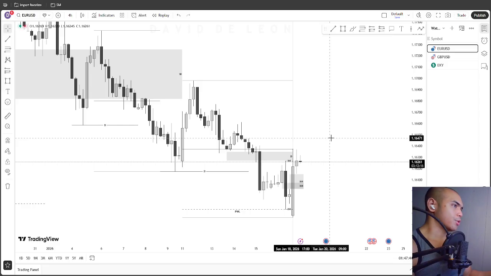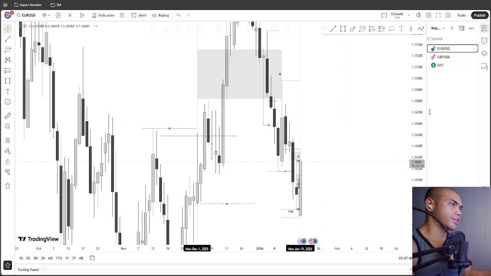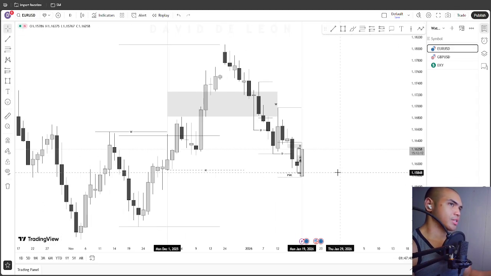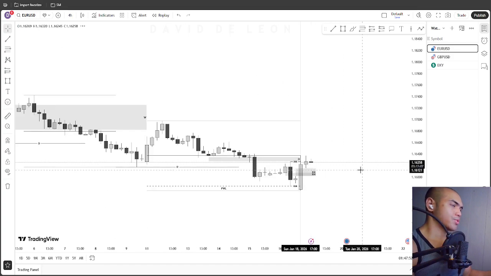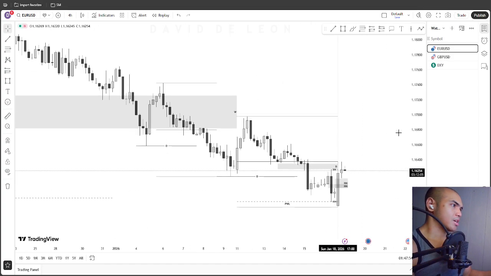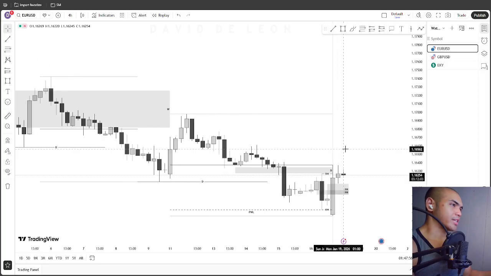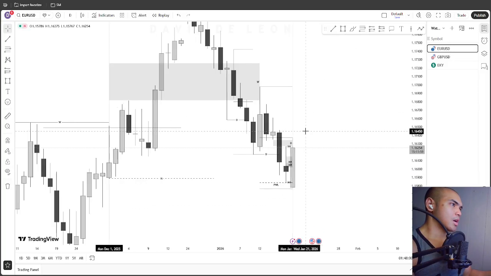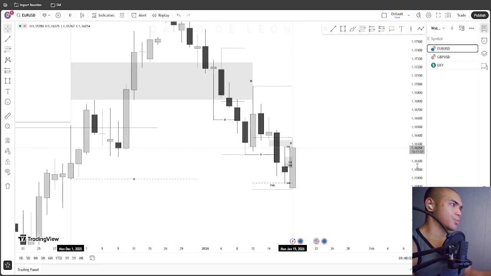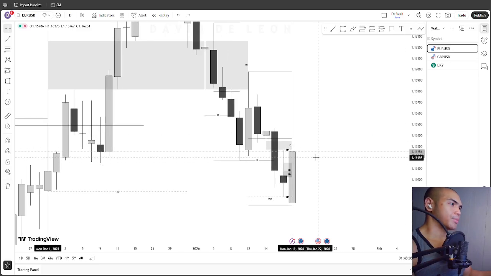So overall, the daily is bearish, as we can see, but the monthly and weekly are bullish. Also, the H4 is now aligning to the weekly and the monthly. I would like to wait for the price action to do its thing.